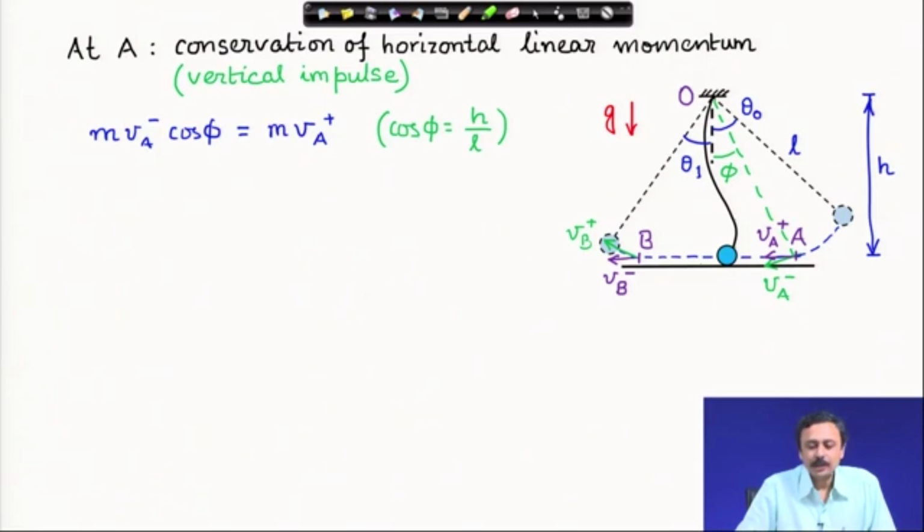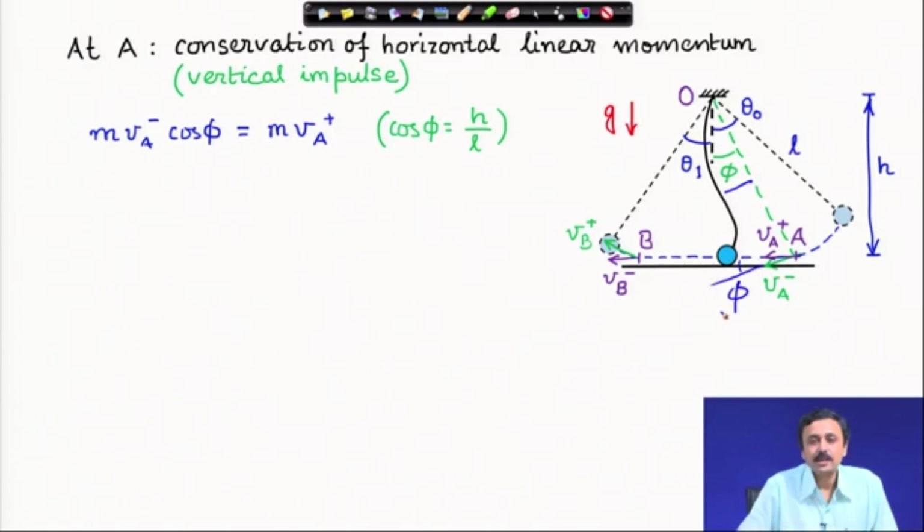Conserving linear momentum in the horizontal direction, I can write mass times V a minus, this is the green vector, cos phi is the horizontal component. You can check that if this angle is phi as marked, then this angle is also phi.